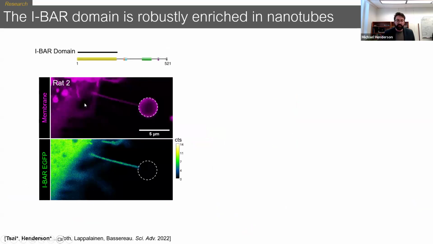So we began by taking some adherent fibroblasts and, as a control, taking the membrane binding domain of IRSP53, which again has that intrinsic curvature and should be detecting the curvature that's being formed in the pulled nanotubes, or in the pulled tethers. This IBAR domain is tagged with the fluorescent reporter, enhanced GFP, and we found indeed you get high signal counts for the IBAR domain within this tether.